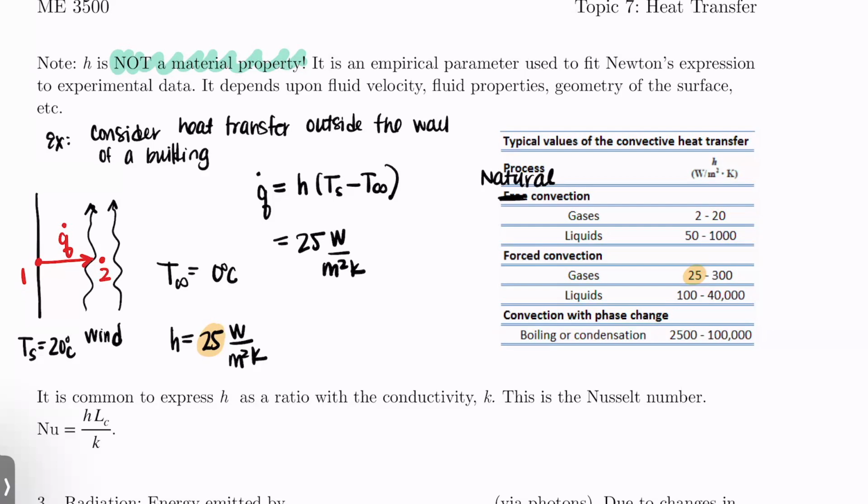If you use Fahrenheit, it won't. So just make sure that when you're doing a temperature difference, you're using either Celsius or Kelvin, and then the units will be fine. So we will do 20 minus 0, and we end up with 500 watts per meter squared. All right, so this is the rate at which heat is being lost from the building to the external air.